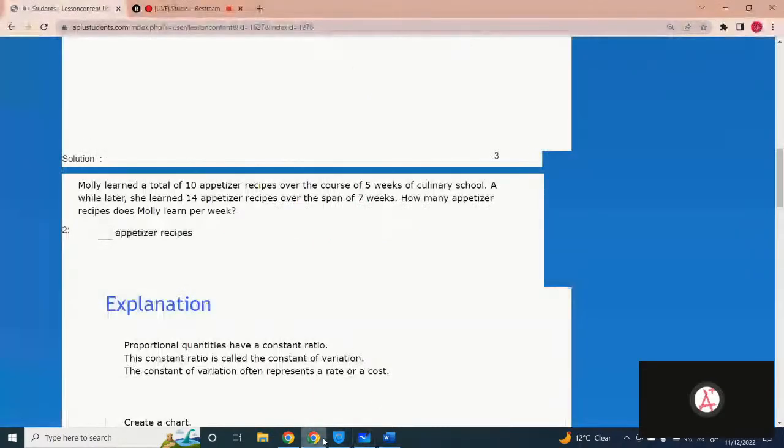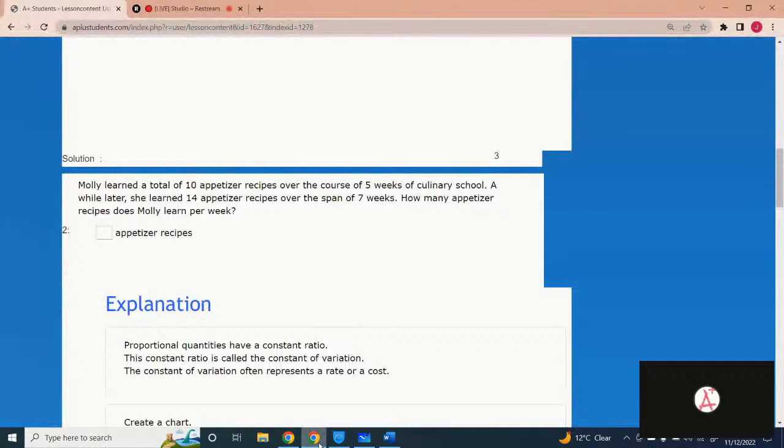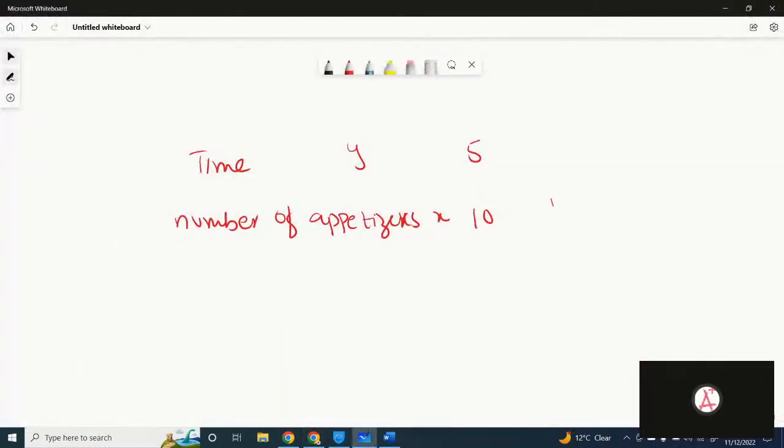So 10 appetizers over the 5 weeks, it would be x and y. And then you have 14 appetizers over a duration of 7 weeks. Got it? Now you have to find the constant of variation.